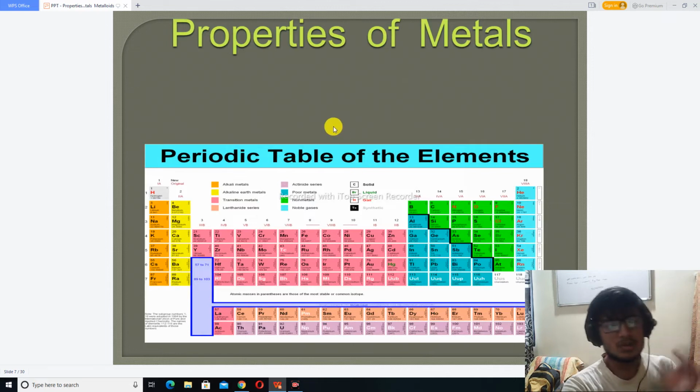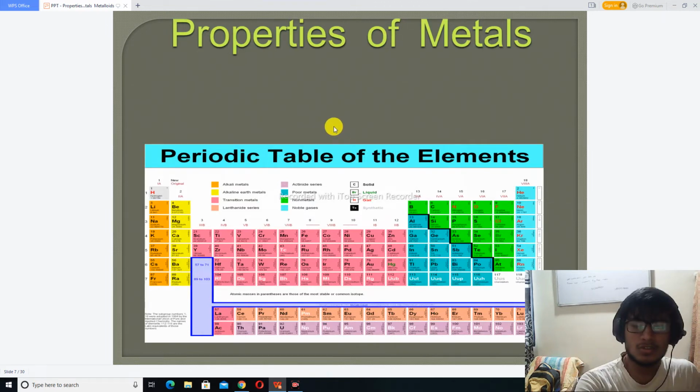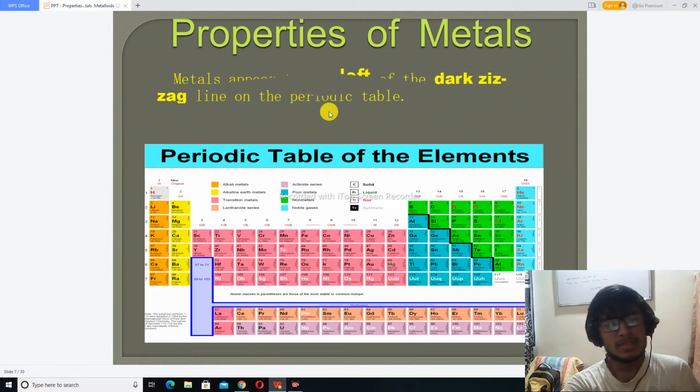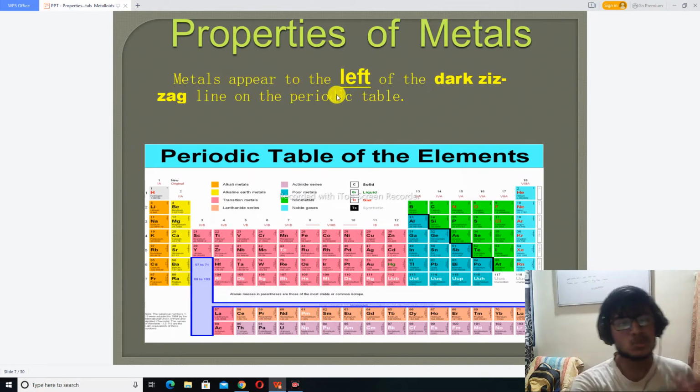So, properties of metals. What are the types of properties of metals? Metals have different types of properties like lustrous property, malleability, hardness and many more. Metals appear to the left of the dark zigzag line on the periodic table.